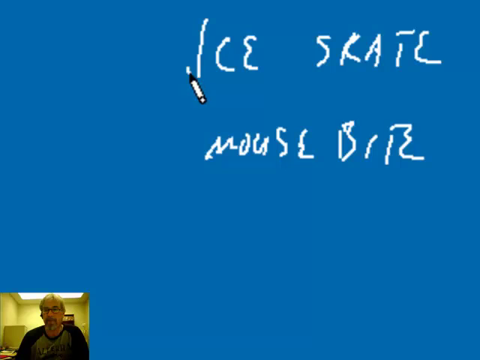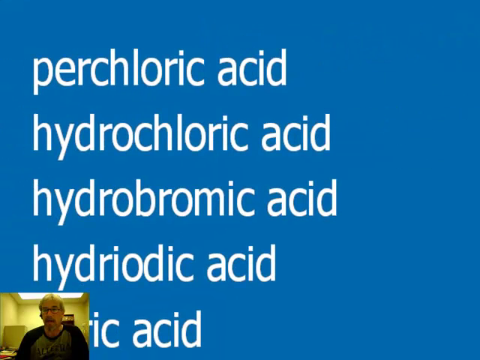Acids that end in ic come from anions that end in ate. Acids that end in ous come from anions that end in ite. Well, all of our strong acids are ic acids. Perchloric acid comes from the perchlorate ion. Perchlorate is ClO4 1 minus, and perchloric acid is HClO4.